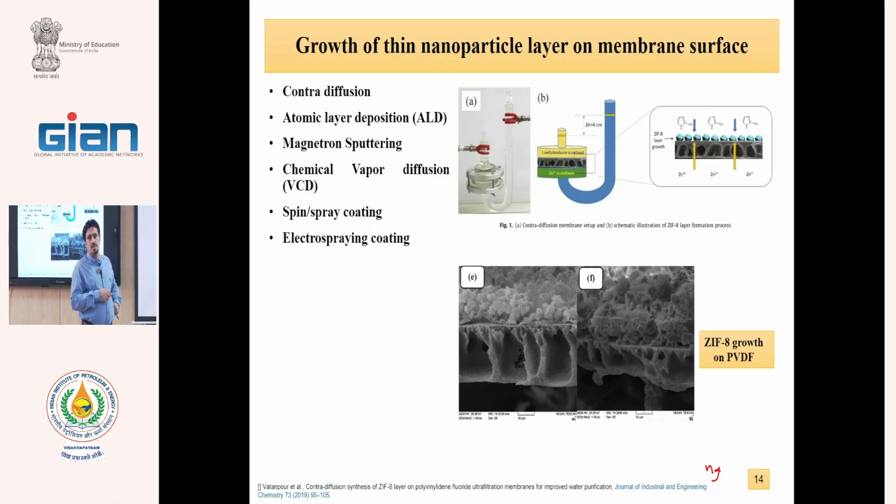We say these membranes are inorganic-organic membranes, or inorganic coated polymeric membranes. We also have polymeric coated ceramic membranes. In this case, we have a ceramic coated polymeric membrane, and the active layer will be this grown ZIF-8 layer.